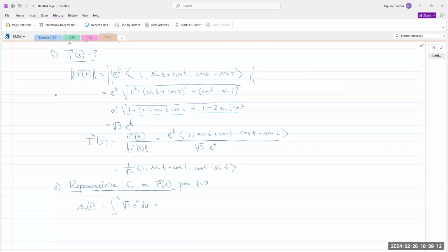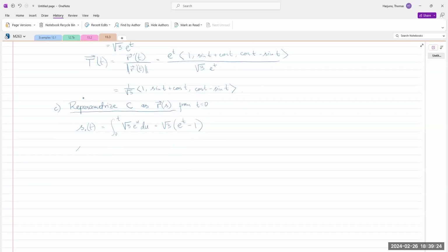That will give us square root of 3 times (e to the t minus 1). In other words, s over square root of 3 plus 1 equals e to the t, and t itself is the natural log of that.